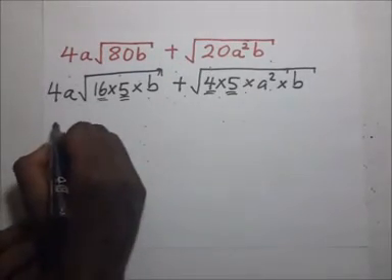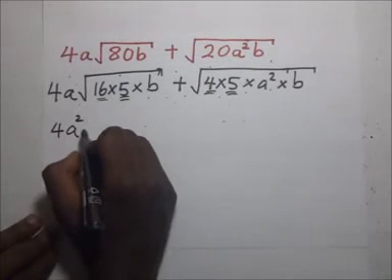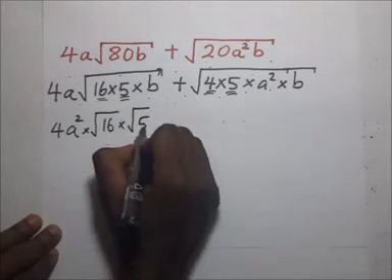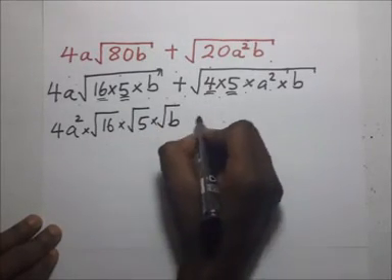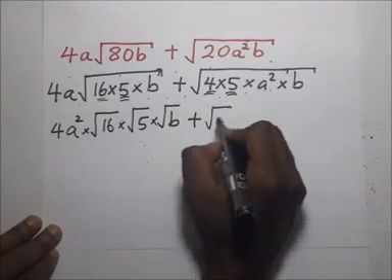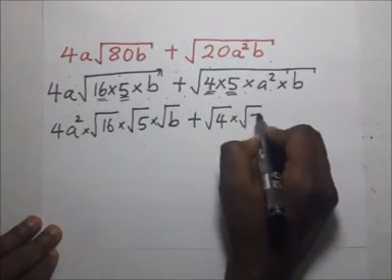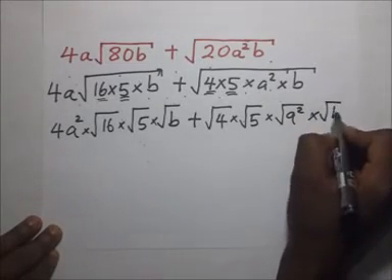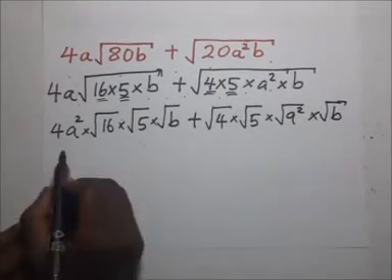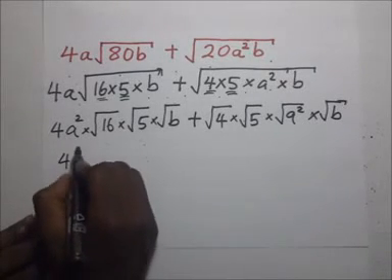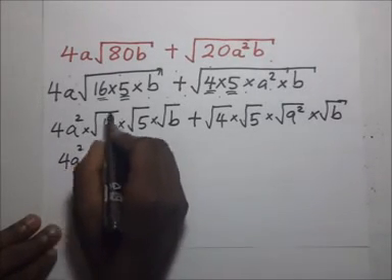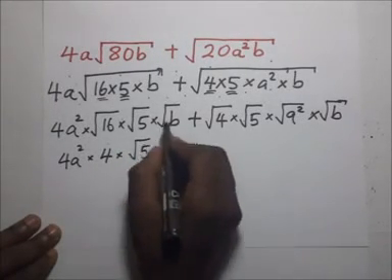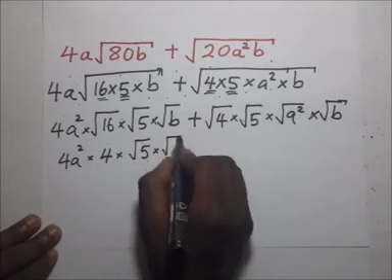So after that step, this becomes 4a squared times the square root of 16 times the square root of 5 times the square root of b, plus the square root of 4 times the square root of 5 times the square root of a squared times the square root of b. So our next step is 4a squared times, root of 16 is 4, so it's 4 times the square root of 5 times the square root of b.